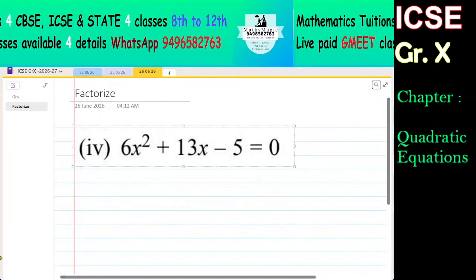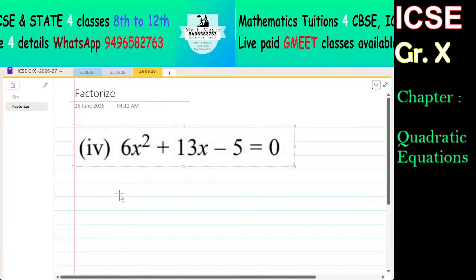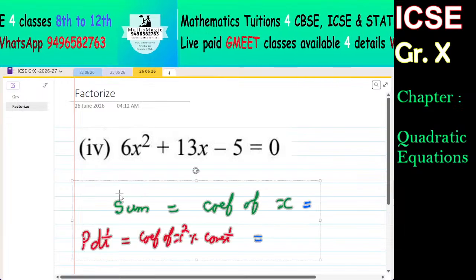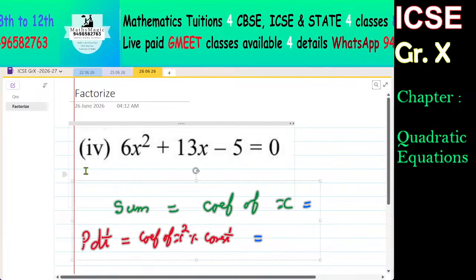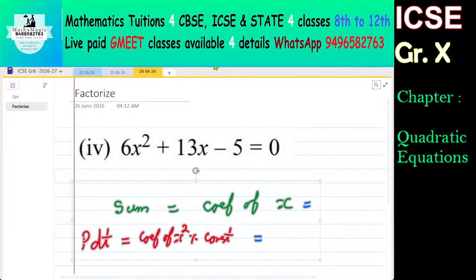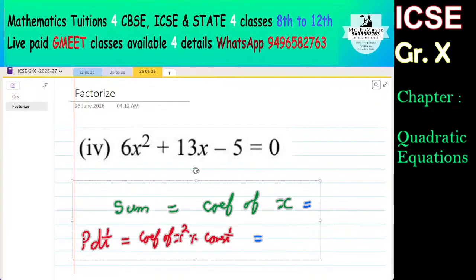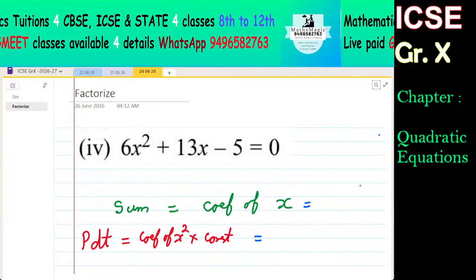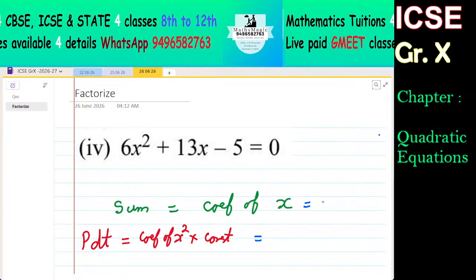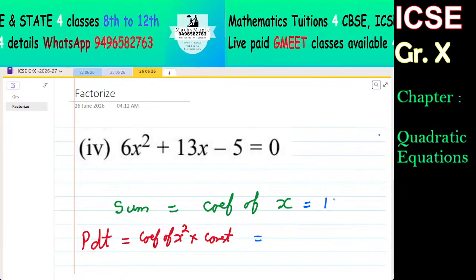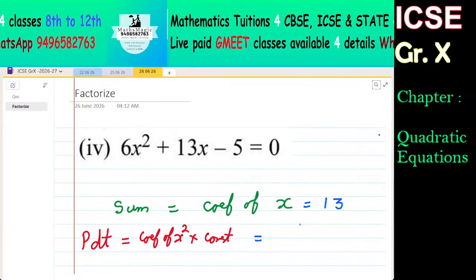Here we have 6x squared plus 13x minus 5. And here we should take the sum as coefficient of x. So here it is 13.